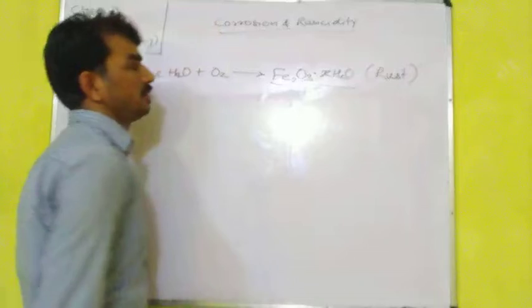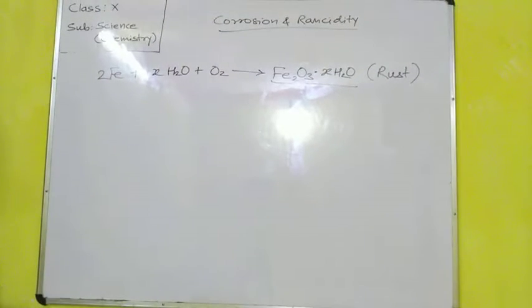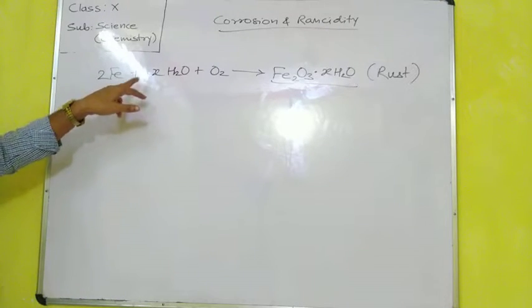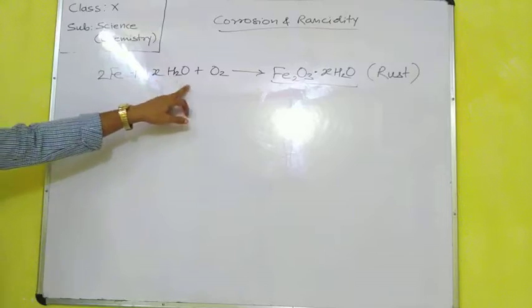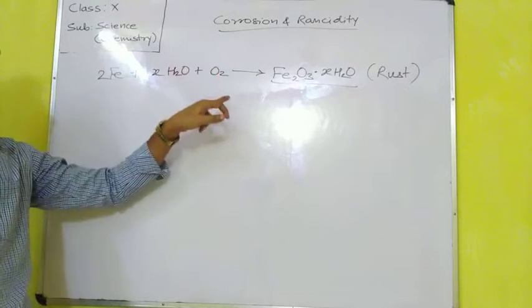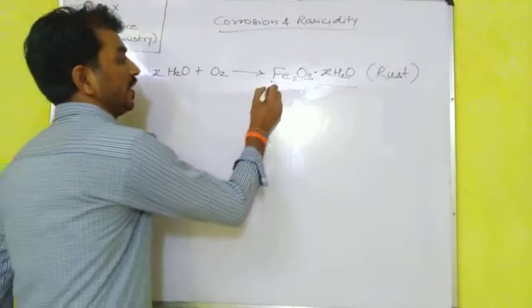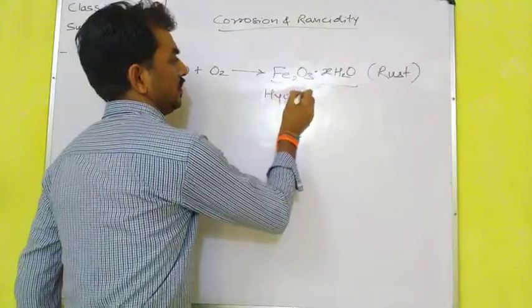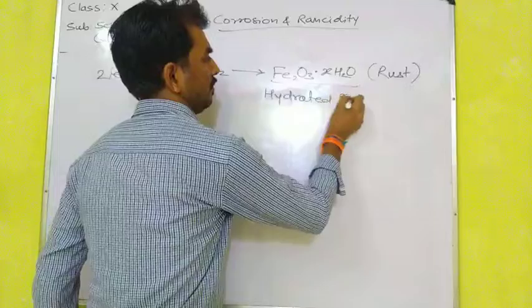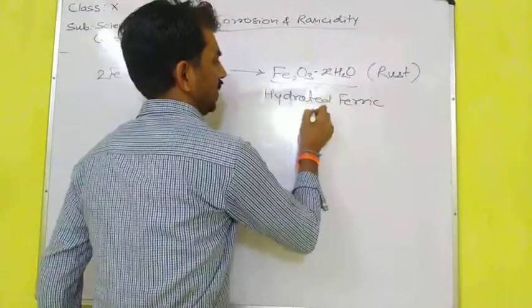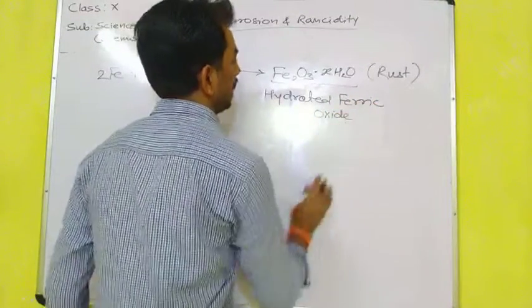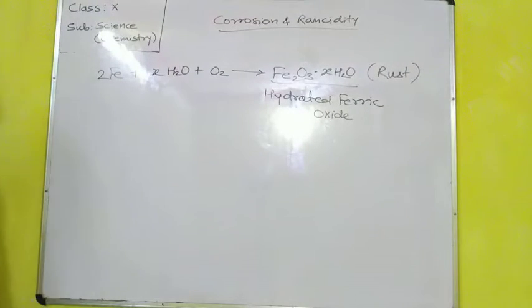The brown color of rust comes from the iron particles when we keep it in the open surroundings. By the reaction of iron with atmospheric water vapor and air, it forms brown hydrated ferric oxide, known as rust.